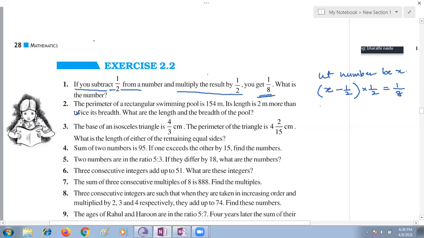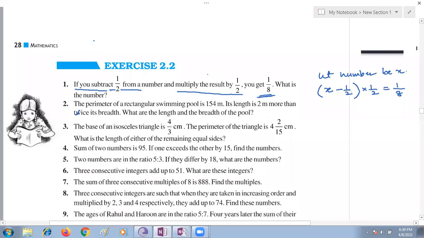Now you know this process. What is the next step, children? You open the bracket, x by 2 minus 1 by 4 is equal to 1 by 8. Or, with x minus 1 by 2 multiplied by 1 by 2 equal to 1 by 8, you can do it in both ways.